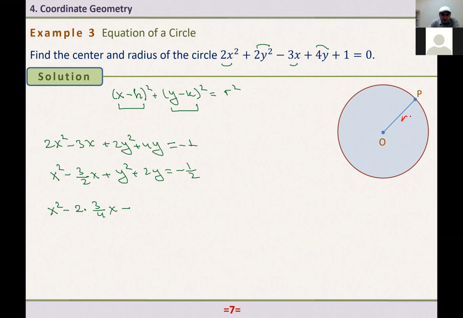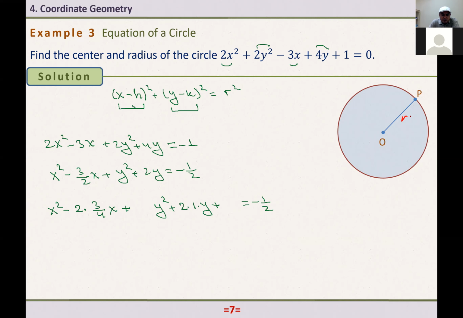And plus, I need something here. So here we have y squared plus 2 times 1 times y, and also I need something here. On the right-hand side, we have negative 1 over 2. So what I need here, so that I can write the first three terms as a perfect square, as the square of this algebraic expression, is the square of this number, right? 3 over 4.